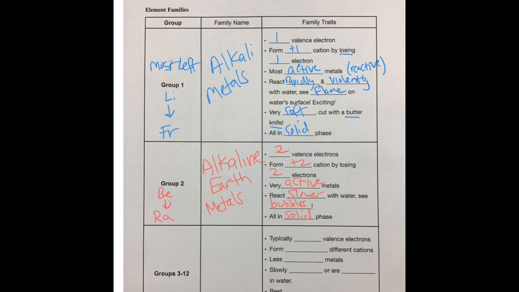Now, another big grouping on the periodic table is that whole middle section that makes up groups 3 through 12. And these are the shorter columns. This whole grouping collectively is known as the transition metals.